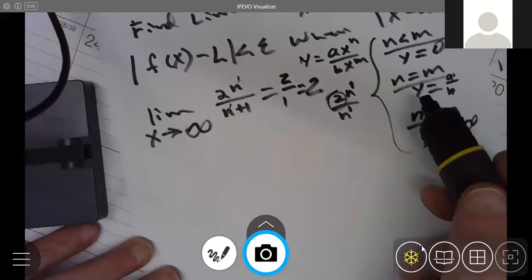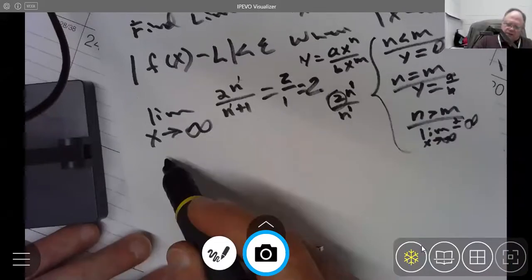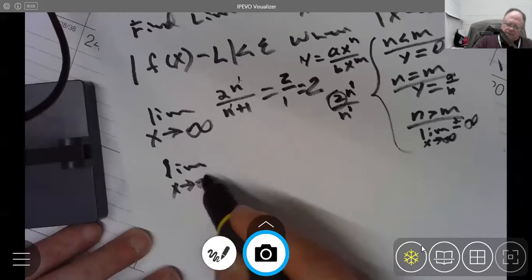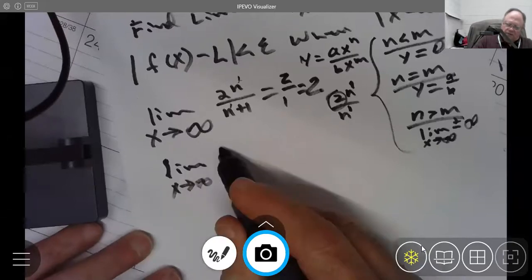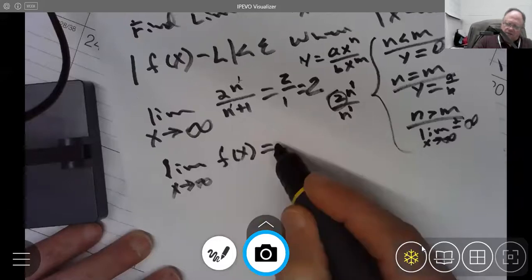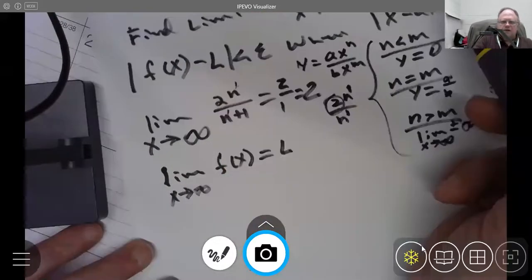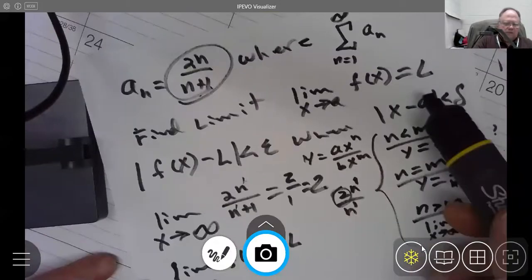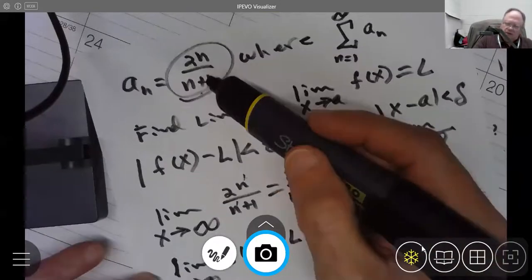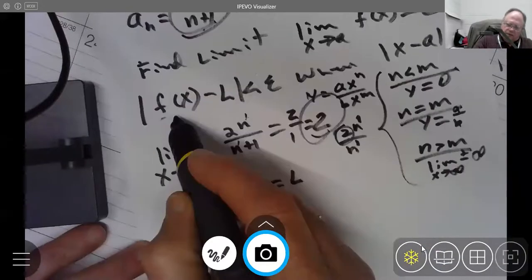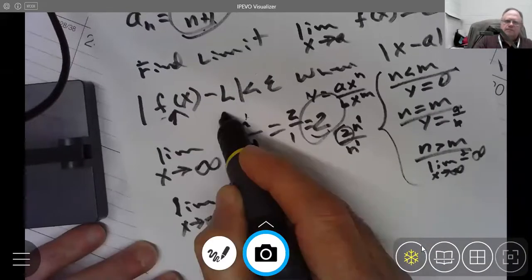We're saying that the limit as x approaches infinity of f of x equals L. In this case our a of n is 2n over n plus 1, and our limit is 2. So that's what we plug in here and here.